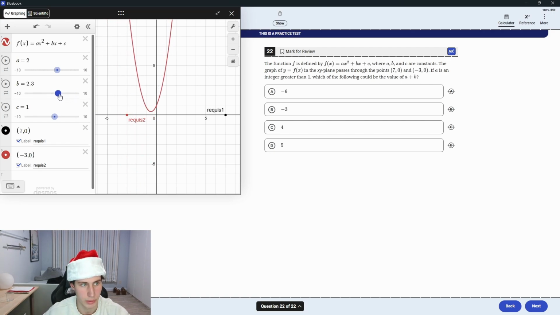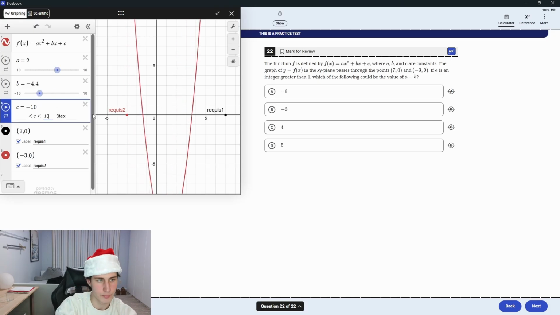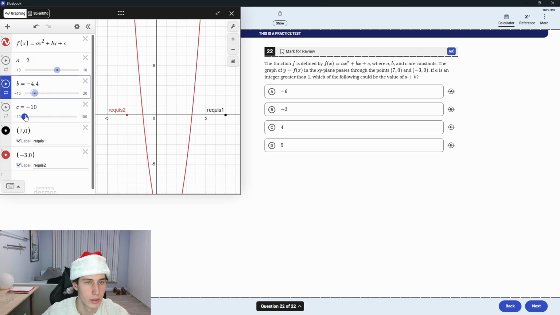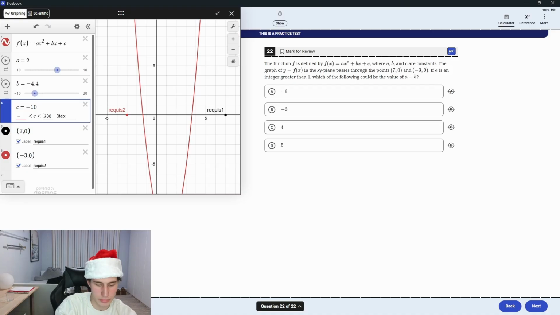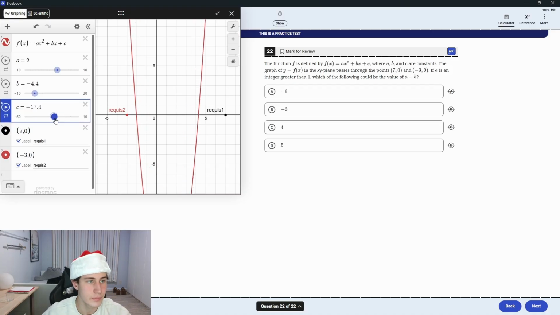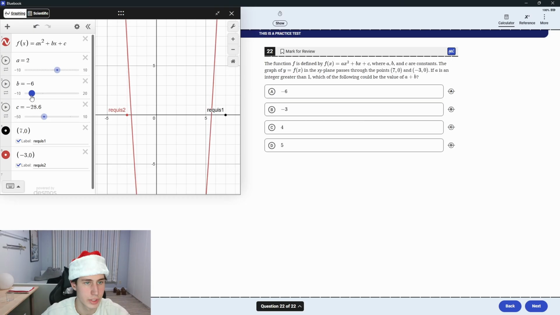So now we have to play around with the sliders a little bit, so that we get a value that is something like this. Let's call this 100, let's call this 20. Or sorry, -50, and then up to 10. So let's keep moving this over.